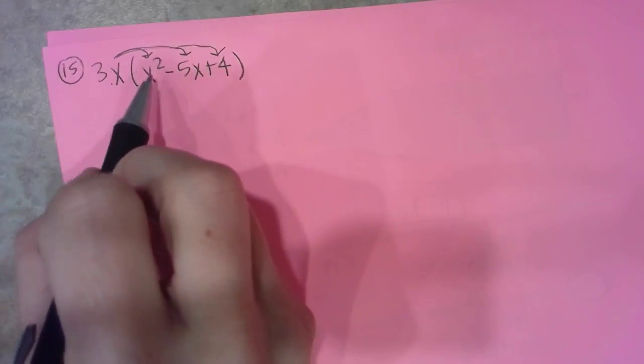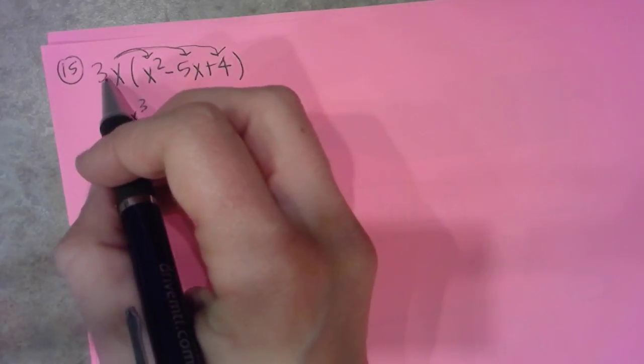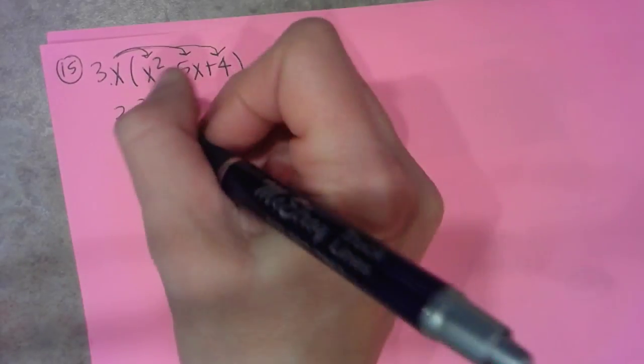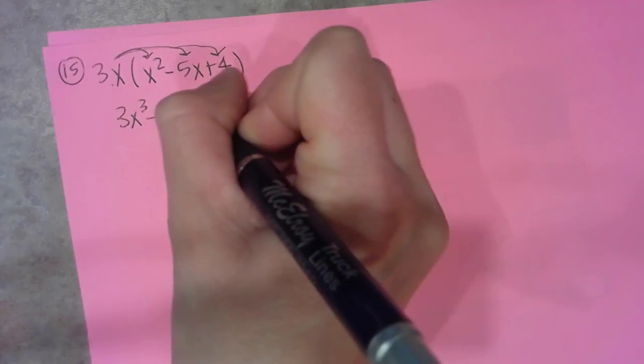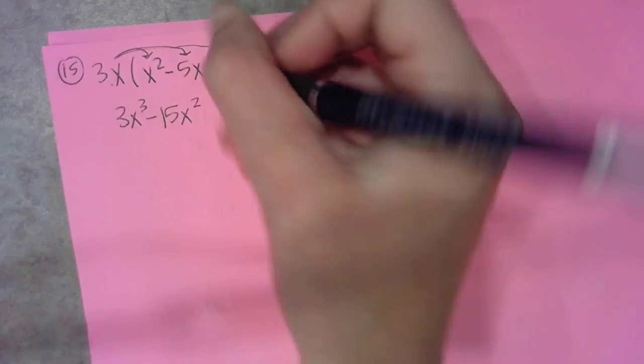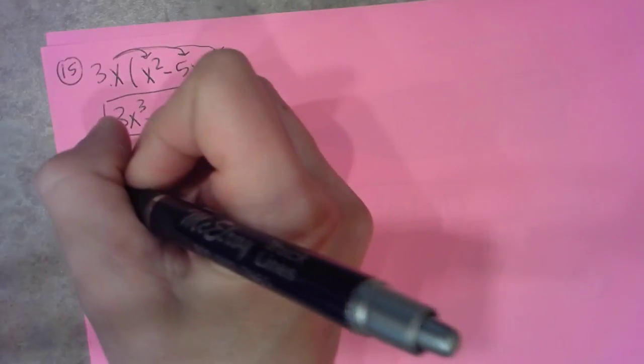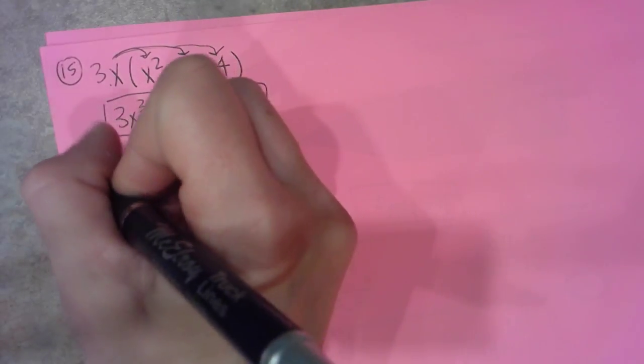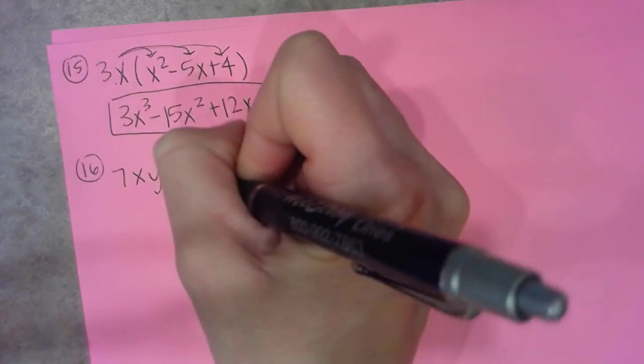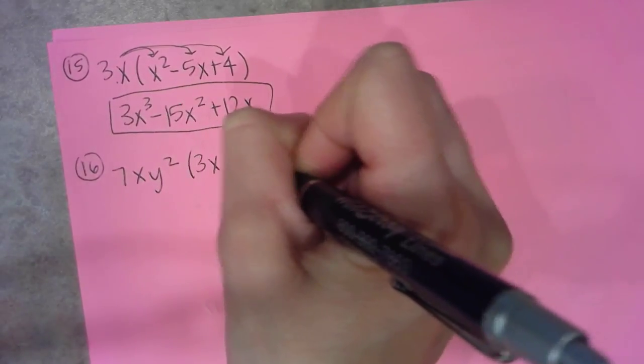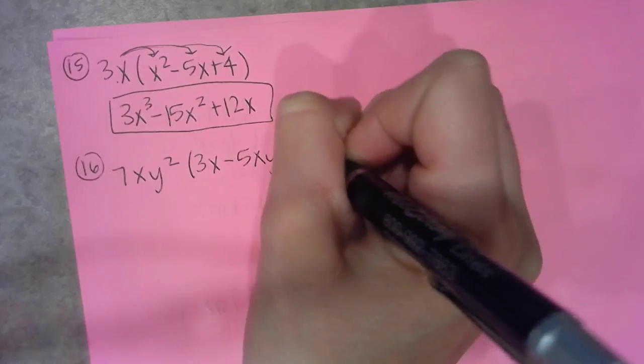So I do 3x times x squared and get 3x cubed. Do 3x times negative 5x and do negative 15x squared. And then 3x times 4 gives you positive 12x. And that's all you have to do. That's your answer. Number 16, I've got 7xy squared times (3x minus 5xy to the 4th).